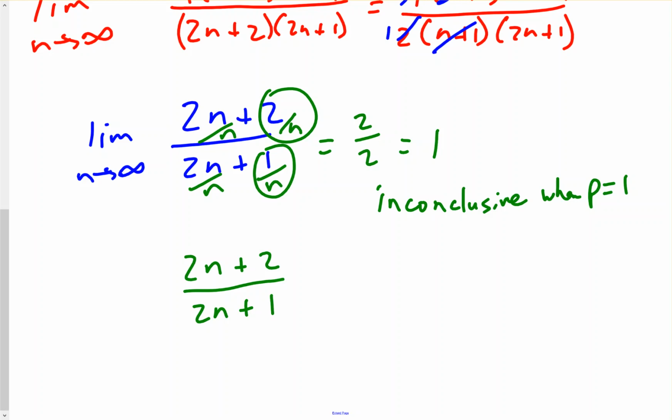When the top gets bigger than the bottom, we know that this does not go to 0. This is going to be a ratio that's larger than 1. So what that tells you is it's going to diverge. If you're looking at the nth term, this is going to end up diverging.